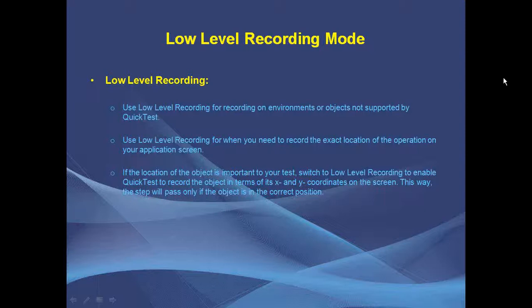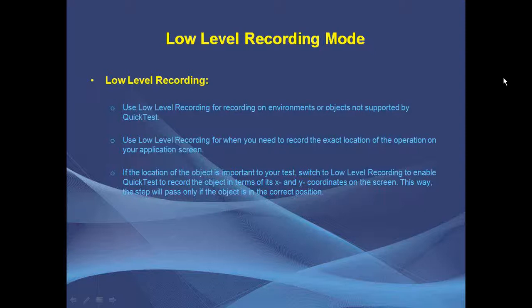Another way we can use this low level recording mode is when you need to record the exact location of the operation on your application screen. If you want to perform some operations based on the location, like x and y coordinates, then this mode will be helpful. Suppose you want to click on one object based on x and y coordinate, then you have to go for low level recording.